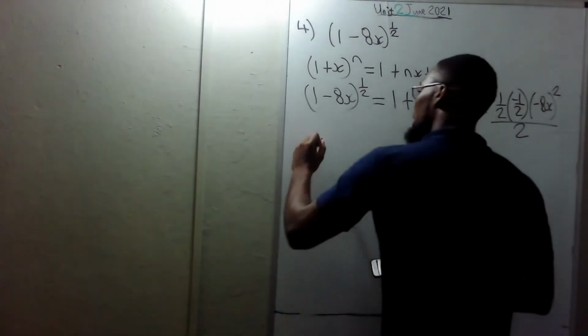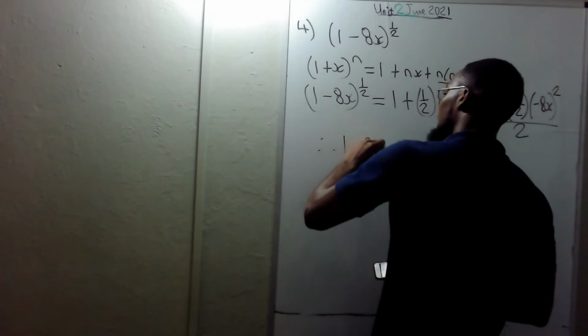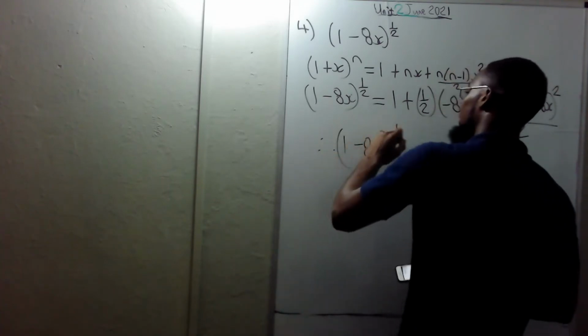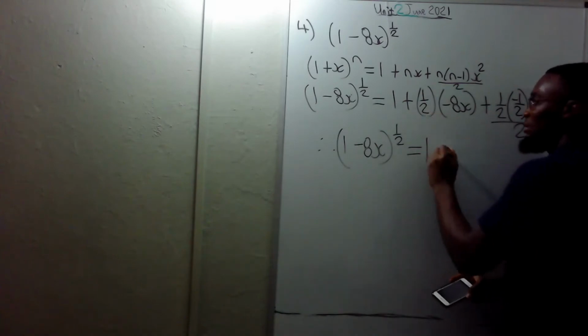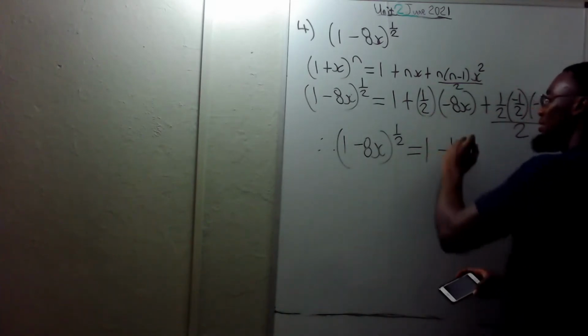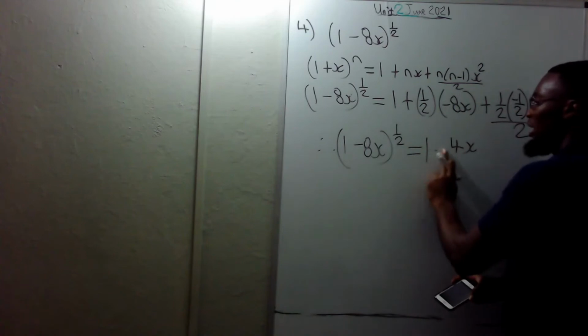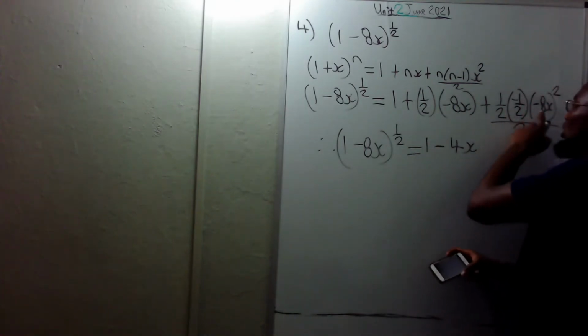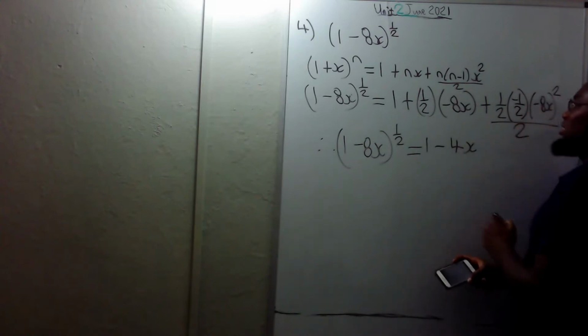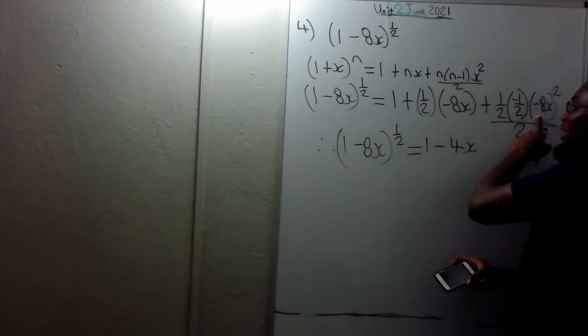So therefore, (1 minus 8x) to the half is equal to 1. Negative 8 times half is minus 4x, so that's 1 minus 4x. Then 8 squared is 64, so that's 64x squared.